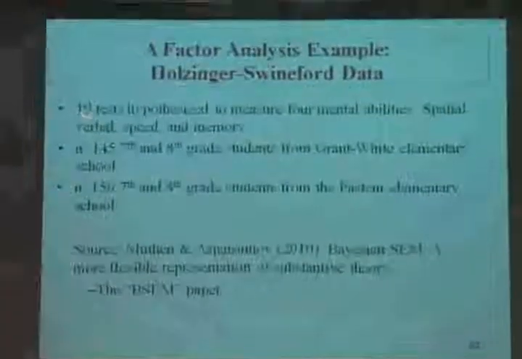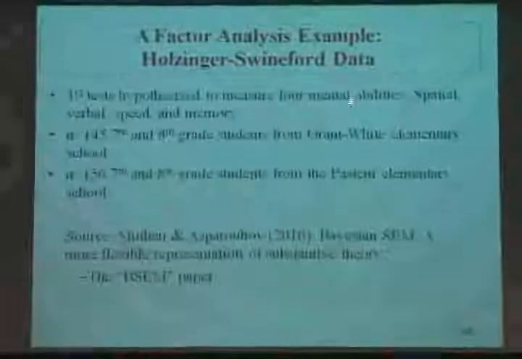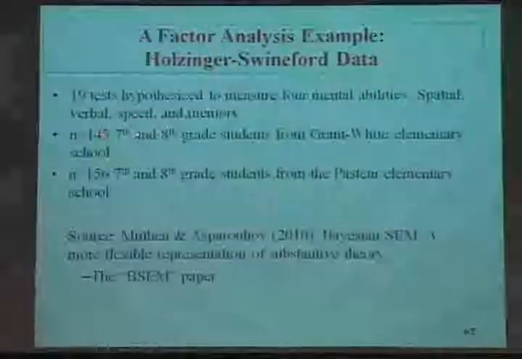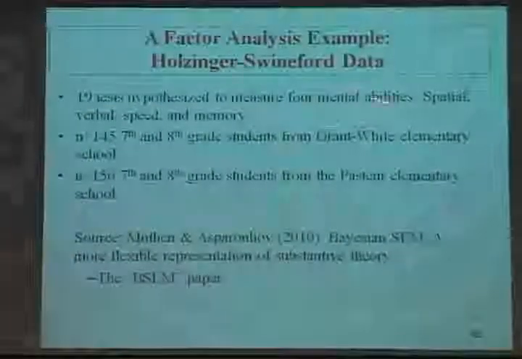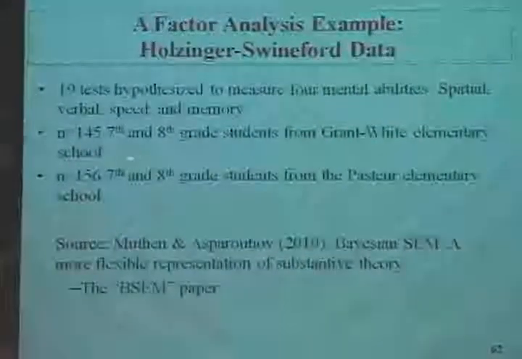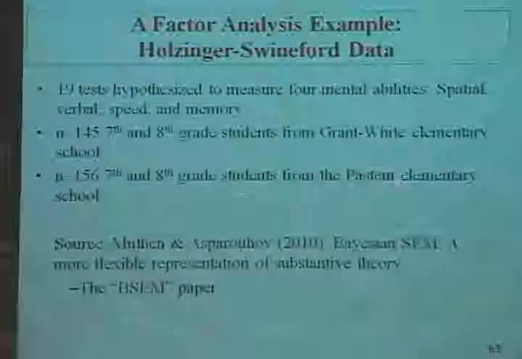So we go way back to 1939, and their carefully collected data. We're going to take a look at 19 of the tests they developed, hypothesized to measure the factors of spatial, verbal, speed, and memory. They had two samples, one from Grant White Elementary School and one from Pasteur Elementary School.